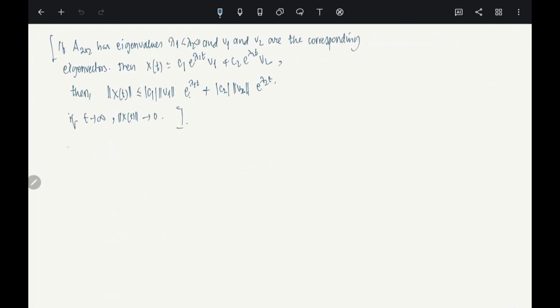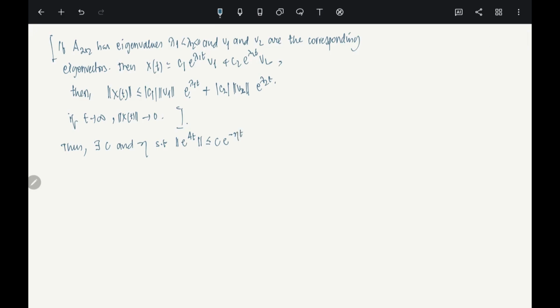So what we can say is, thus, there exist C and eta such that the norm of e to the power At is dominated by some constant times e to the power minus eta times t.